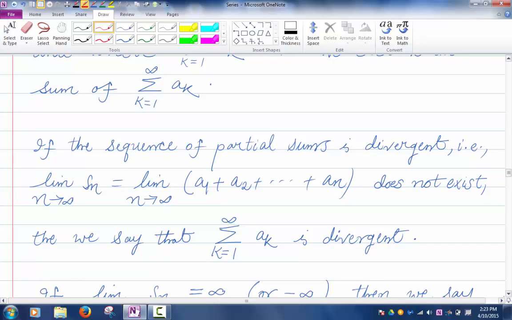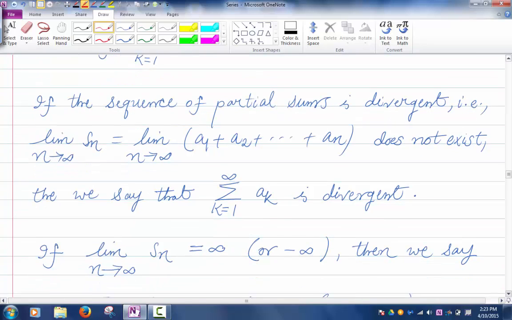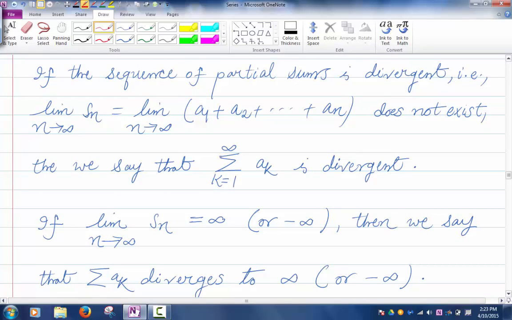If the sequence of partial sums is divergent, then the series is divergent. The sequence of partial sums being divergent means that the limit of Sn does not exist. If the limit of Sn is infinity, we say that the series diverges to infinity. If the limit of Sn is negative infinity, we say that the series diverges to negative infinity. Is everybody okay?